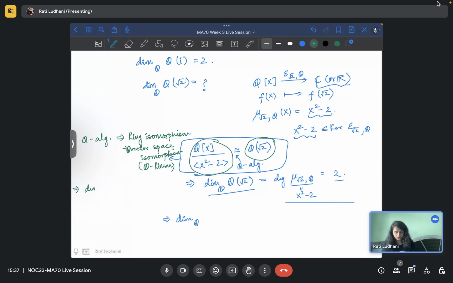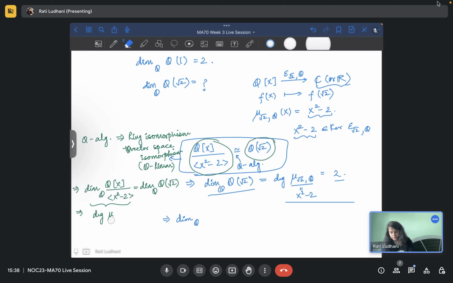So the dimension of Q[x] modulo x square minus 2 as a Q vector space is the same as the dimension of Q root 2, again as a Q vector space. So now what is the dimension? 2. Yeah, exactly. Degree of x square minus 2, because this is minimal.